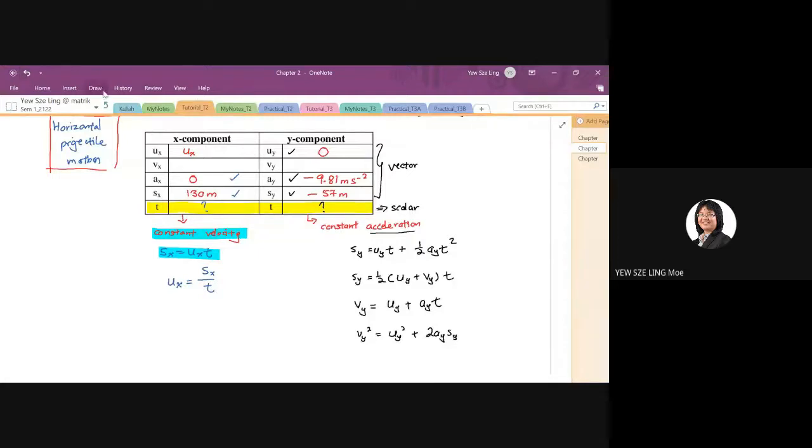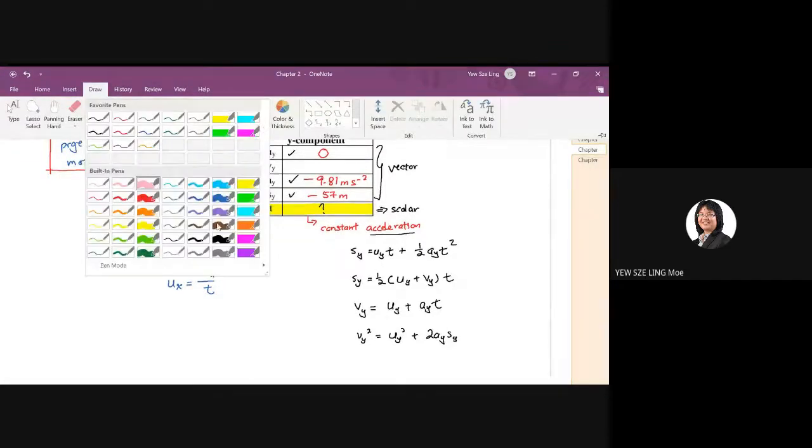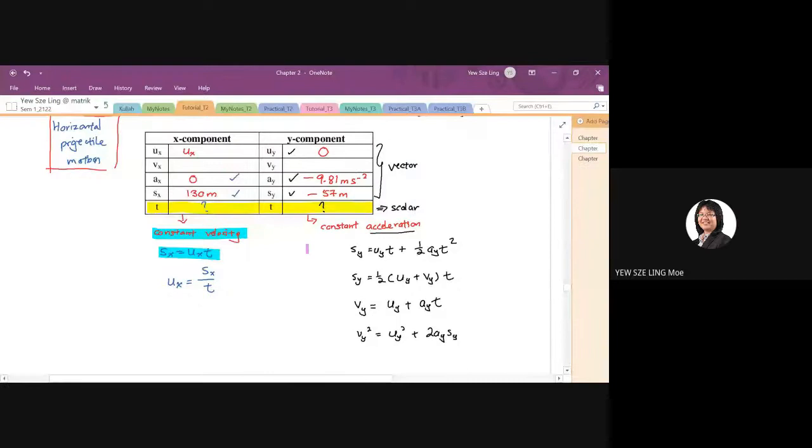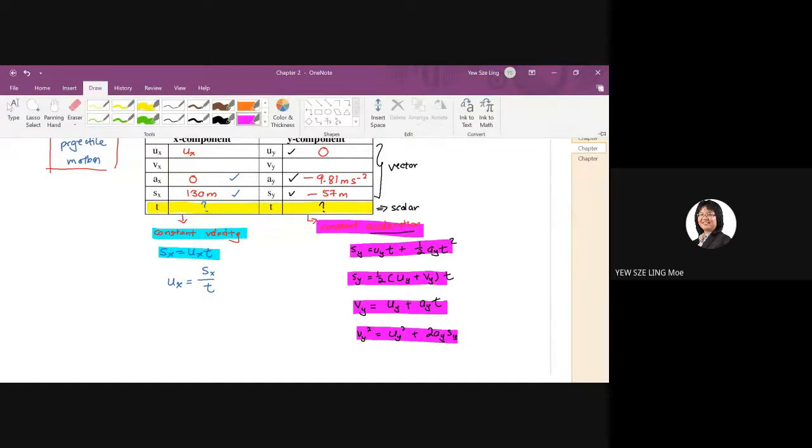So you have constant acceleration in which you have four equations to use. So you can choose from these four equations.